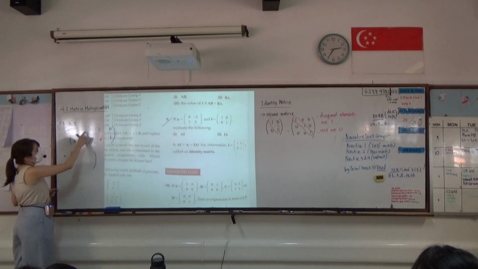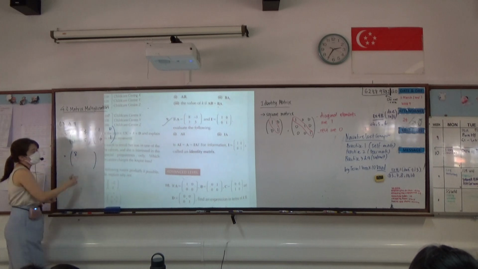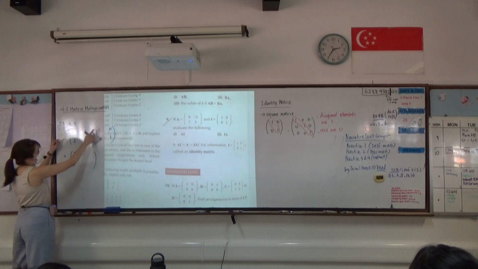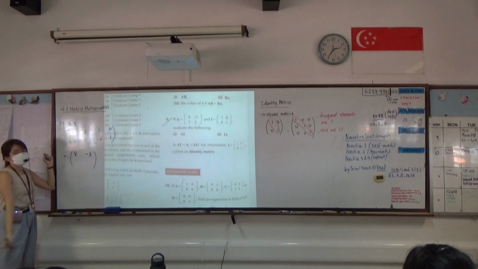If I take 8 times 1 plus negative 3 times 0, I will get 8 over here. Second entry, 8 times 0 plus negative 3 times 1, I will have negative 3.